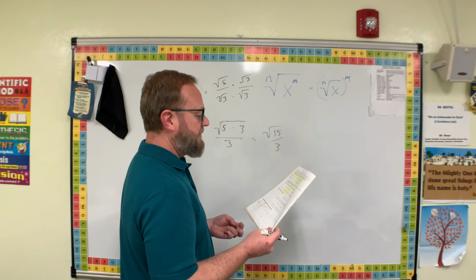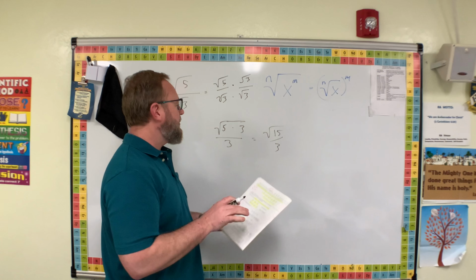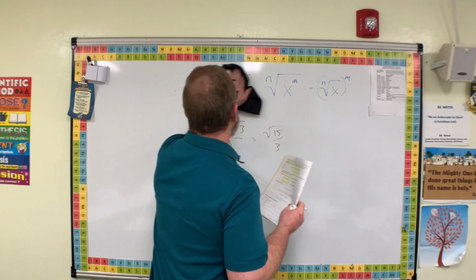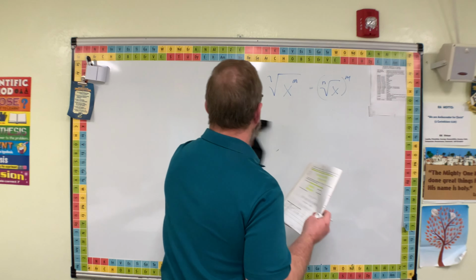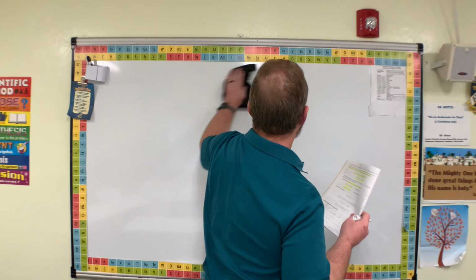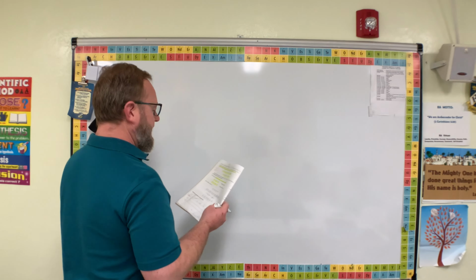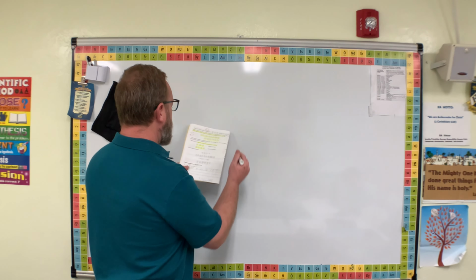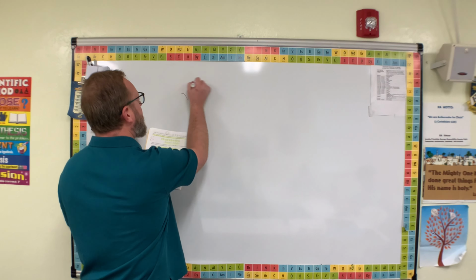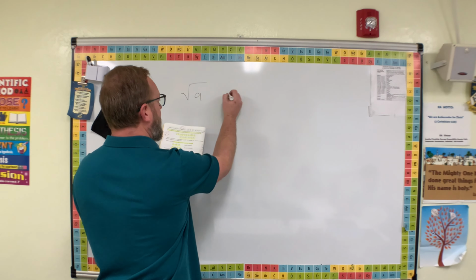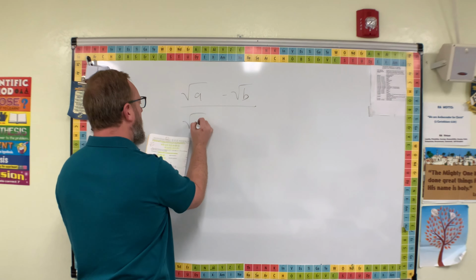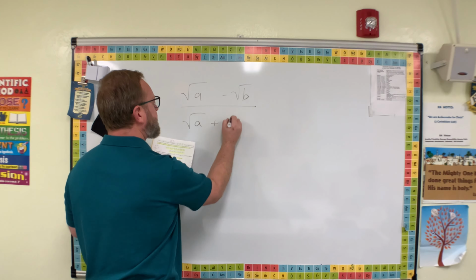That makes sense. What if there's something more complex in the denominator? Meaning you've got maybe an addition problem there, or subtraction problem. They've written it out here for you in terms of A's and B's, so it's worthwhile to look at that example and maybe explain what's going on.